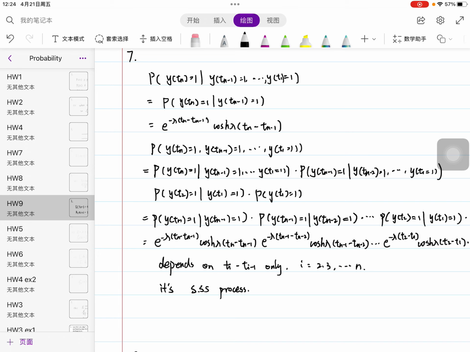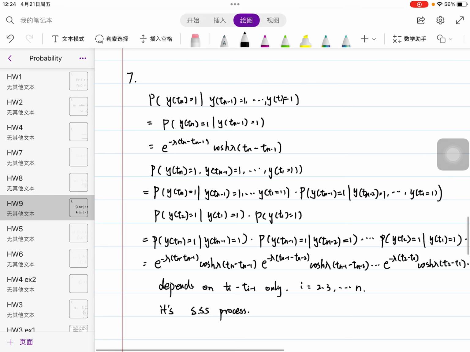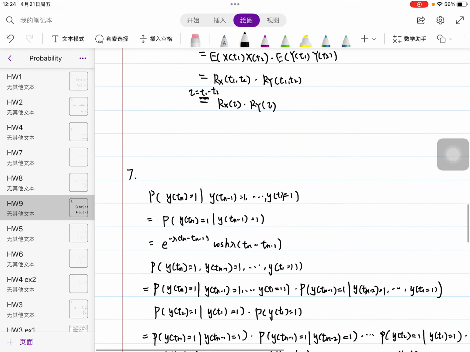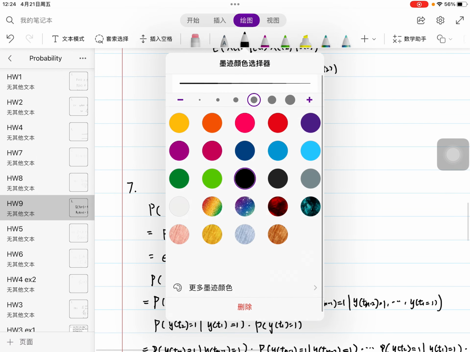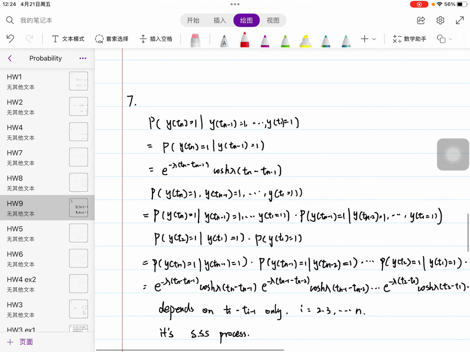For this question, it asks us to show that the random telegraph signal is a strict-sense stationary process. So firstly, let me change the color here.